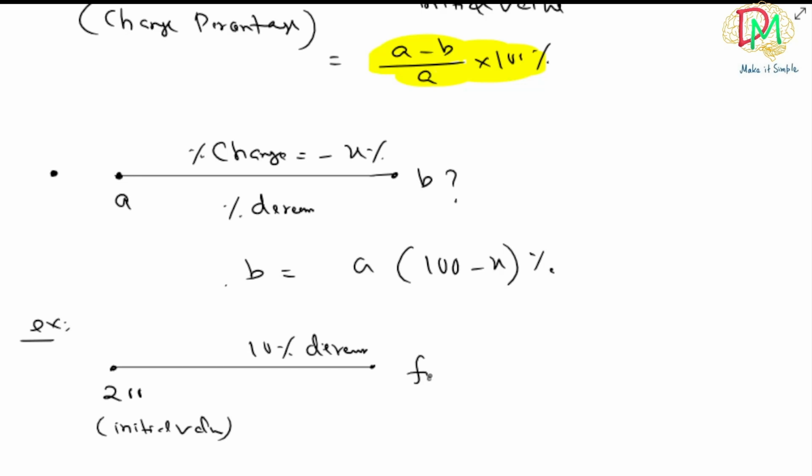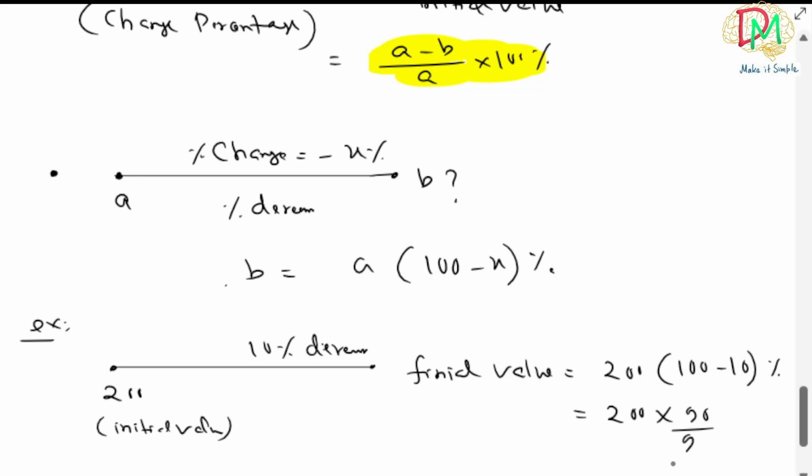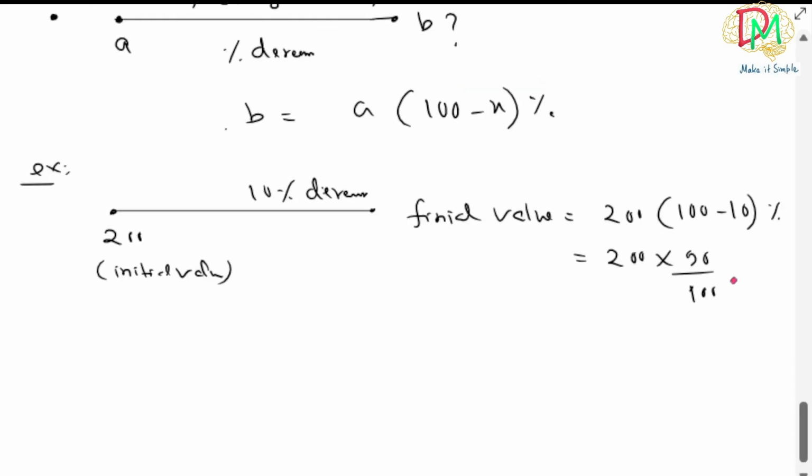So the final value is equal to initial value into 100 minus 10 percentage, that is 200 into 90 by 100. Okay, so the zeros cancel out, 180 is the final answer. Clear? So we get 180.